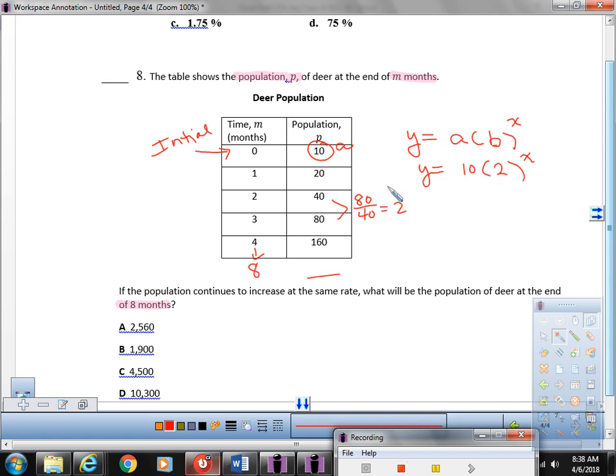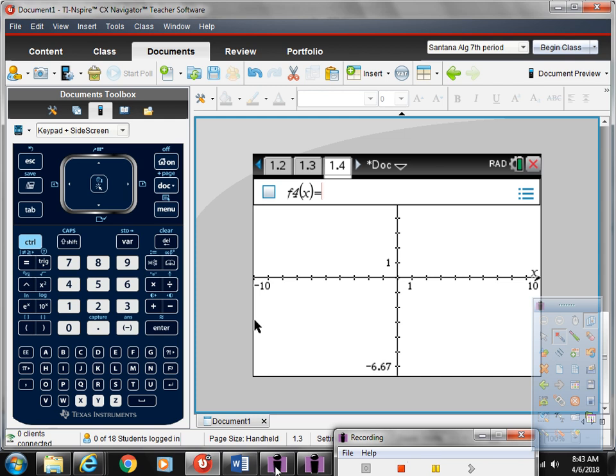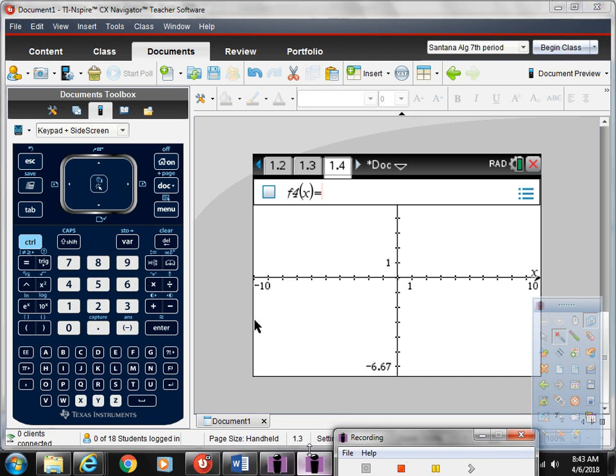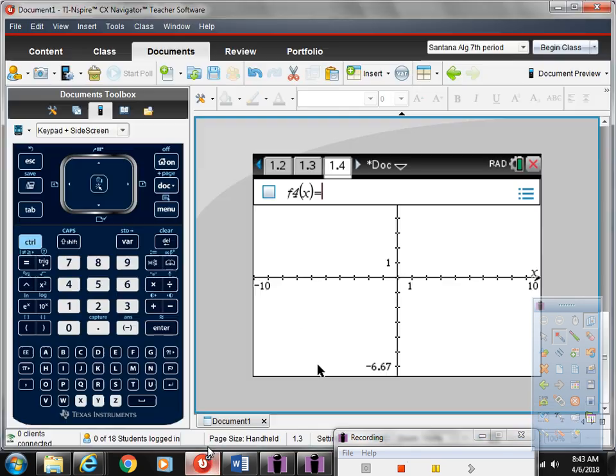That is your B. And so once you have that, then you can look it up, again, graph, control T. You could have looked it up on the table to kind of see what was there at 8. You could have also continued the pattern. I don't know if some of you did that. I don't know if you noticed it was doubling, and so you kind of double until you got to the 8. That's good too. Like I'm showing you an easier route, but if you feel like that would have been easier for you to do, is just continue the pattern in here, then do it that way.